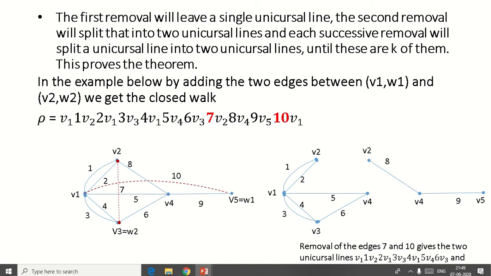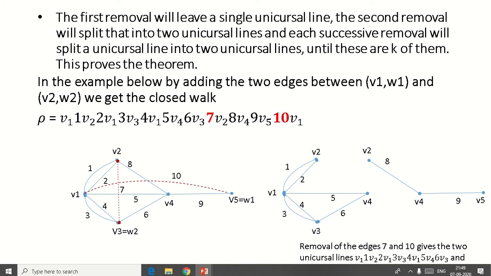Now we can rename the vertices: V5 as W1, V3 as W2, and V1 and V2 are odd degree vertices. Here we have 4 odd vertices, therefore 2k equals 4 and k equals 2. Out of the 4, 2 vertices are renamed as W1, W2.